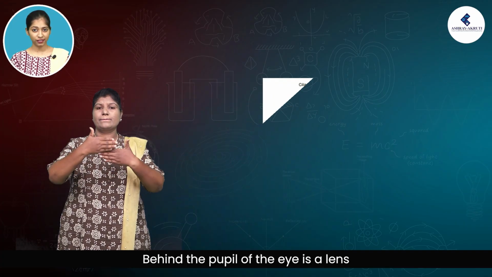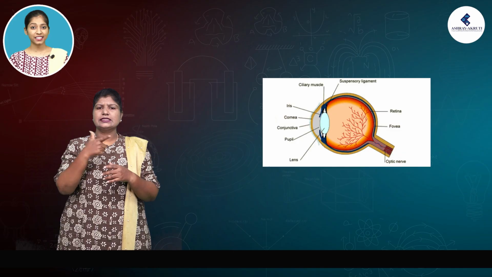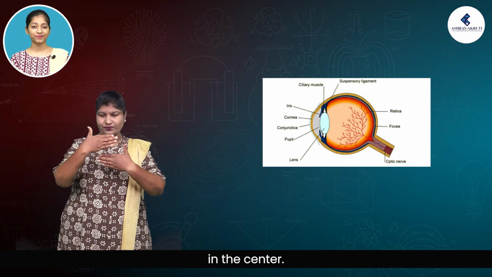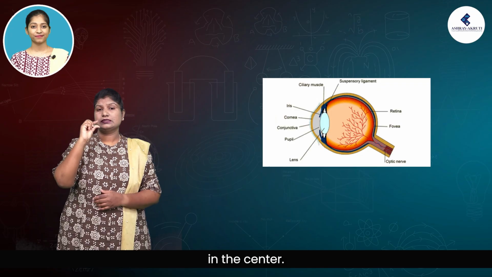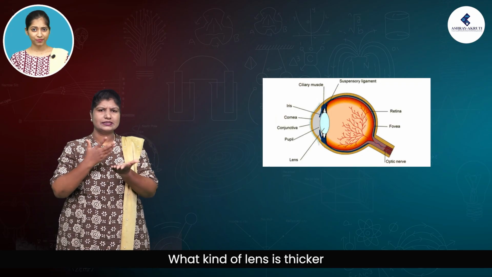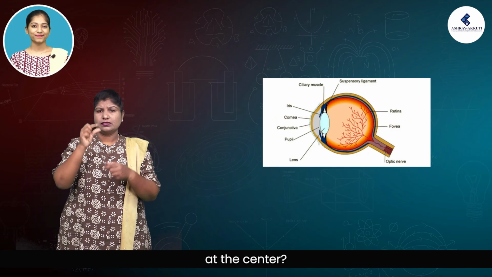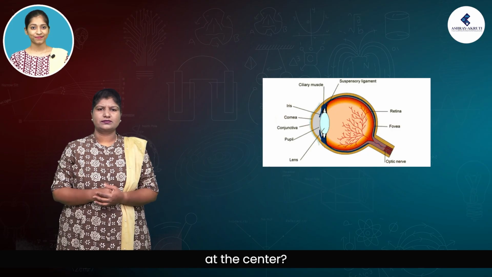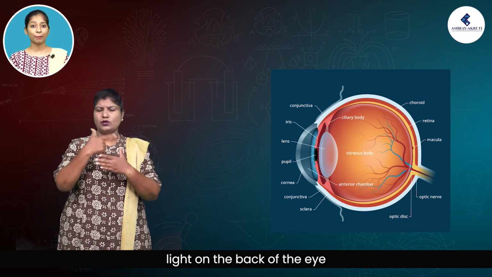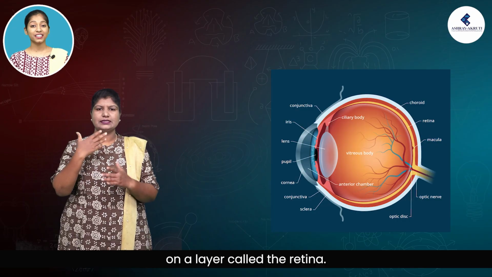Behind the pupil of the eye is a lens that is thicker in the center. What kind of lens is thicker at the center? The lens focuses light on the back of the eye on a layer called the retina.